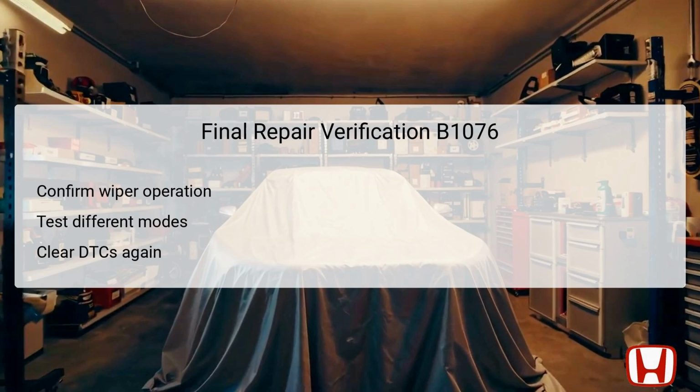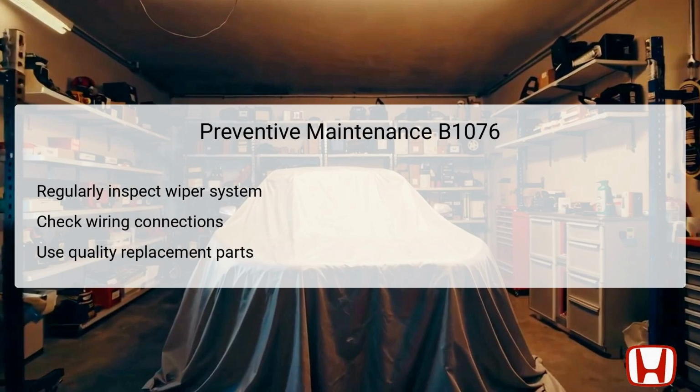If the DTC B1076 does not reappear upon testing, the repairs are deemed successful. This verification process is integral to ensuring that all systems are operational, reaffirming driver safety and vehicle reliability during adverse weather conditions. Preventive maintenance is crucial for the long-term functionality of the windshield wiper system.